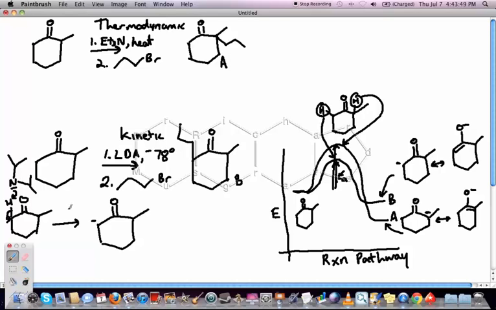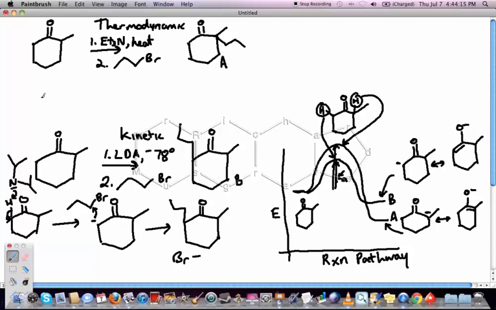And then we can have the negative charge come in and attack the alkyl halide, and that's how we're going to end up with our product. And as you can see, the alkyl group ends up on the least substituted side under kinetic conditions.